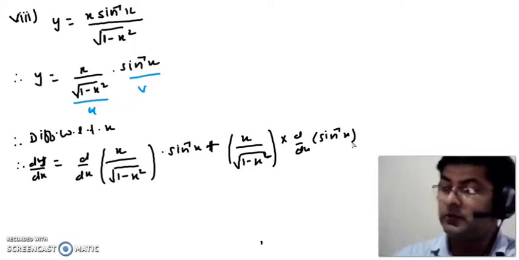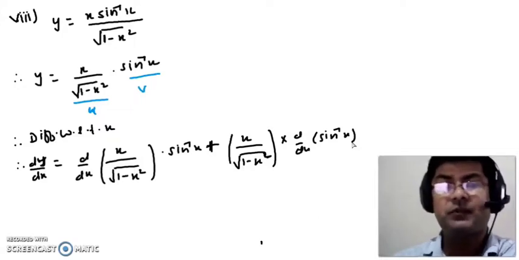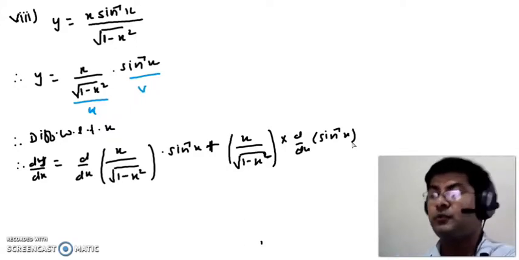So the first function x upon square root of 1 minus x square can be differentiated using formula d by dx of u upon v.